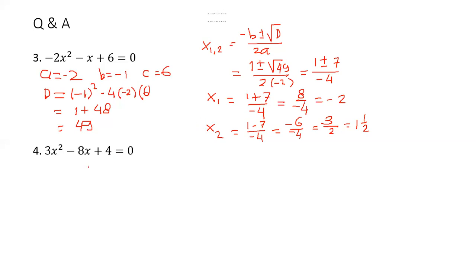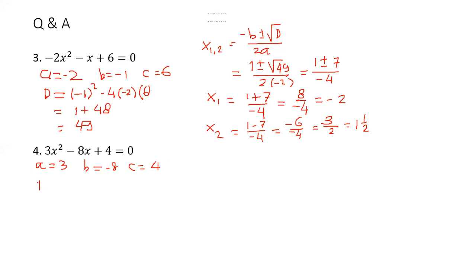Right, now number 4. I will begin with identification. a, the coefficient of x squared, is 3. b, the coefficient of x, is -8. And c, the constant number of these equations, is 4.